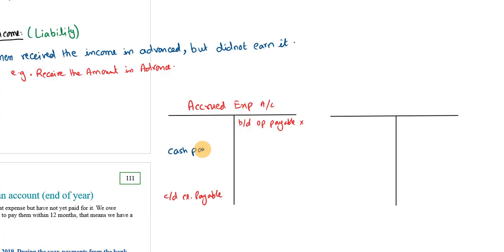Why is it written on the debit side? Because in case of accrued expense, if we pay the cash, what entry do we pass in case of expense paid? The payable will be debit and cash paid is credit.